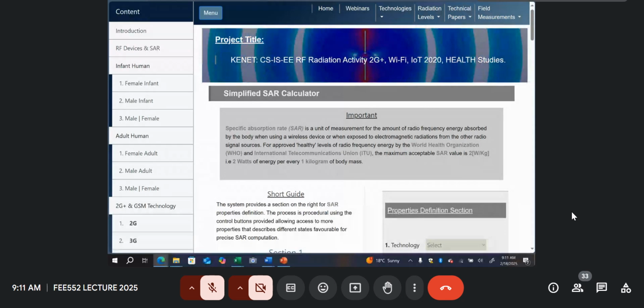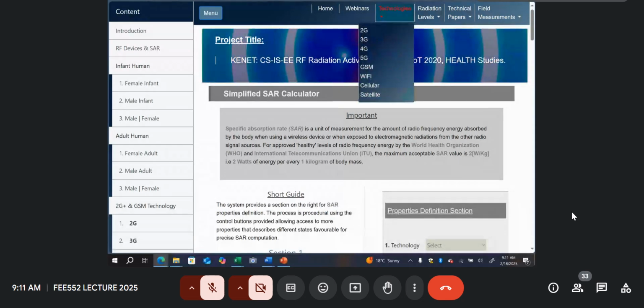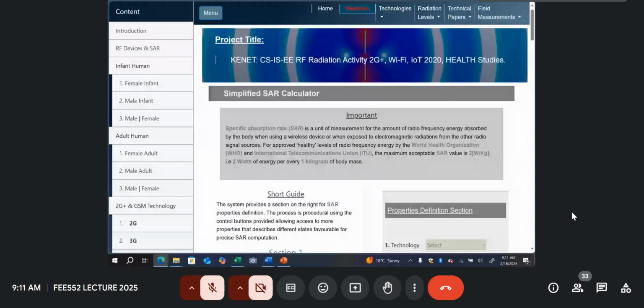So you come here, you can look at the technologies that you want to study. You can look at 2G, 3G, GSM, Wi-Fi, cellular, satellite, and see how that affects them. And then you can go and see the presentation on webinar 1. This was in June 2021.